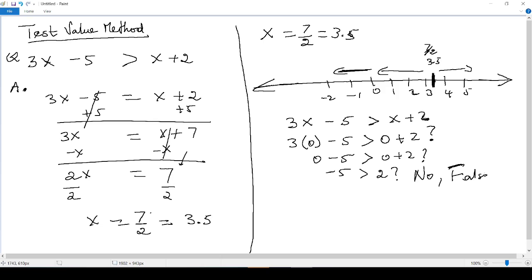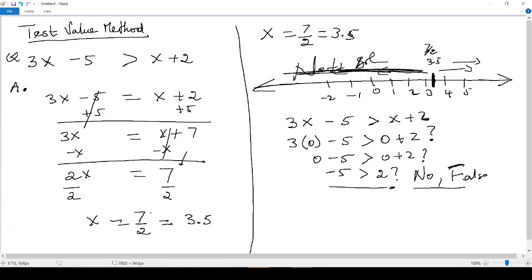So, meaning this part of my number line is not the solution. So I repeat the same thing by using a number from the other side, this side.